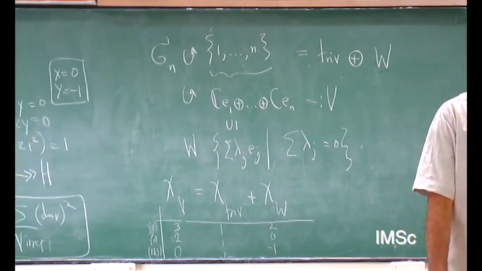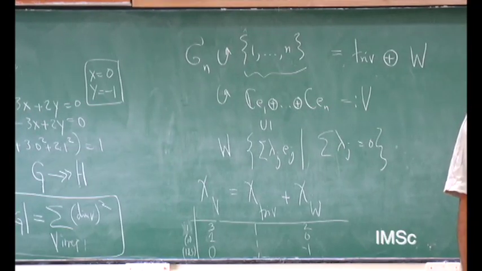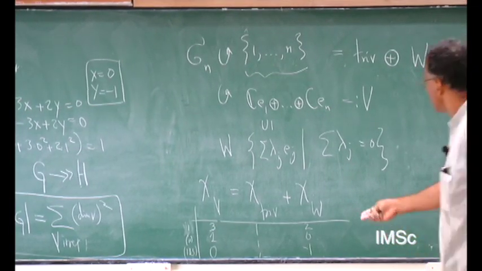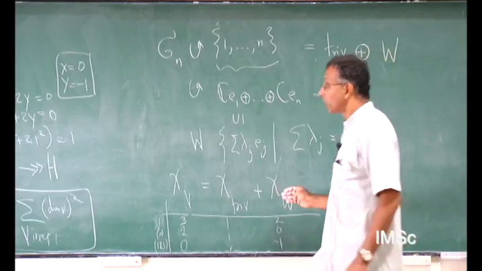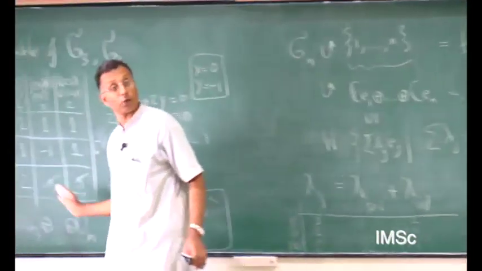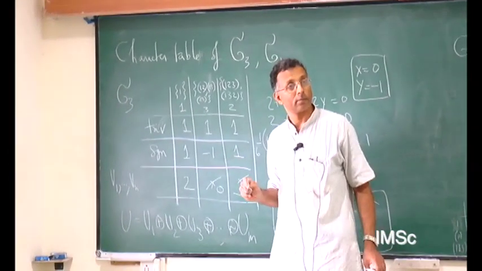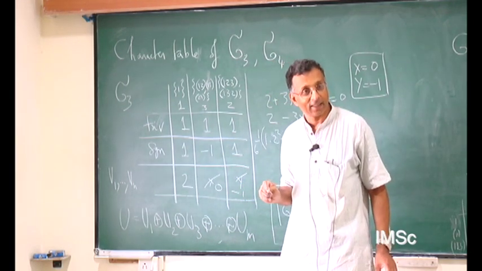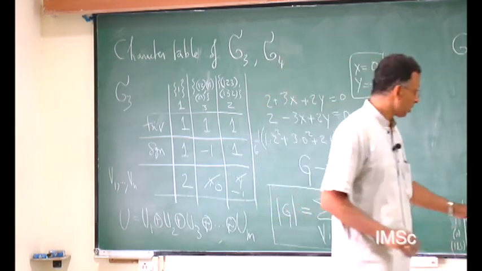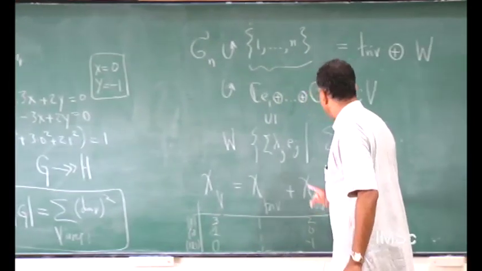Okay? But why have you computed this chi V? I wanted to compute chi of W. I wanted to show that chi of W was 2, 0, minus 1. So how does this prove that chi of W has to be this?